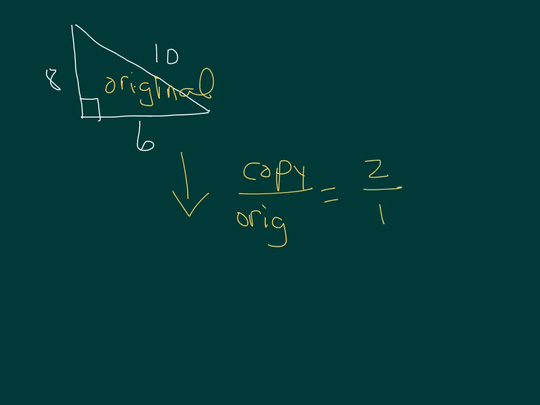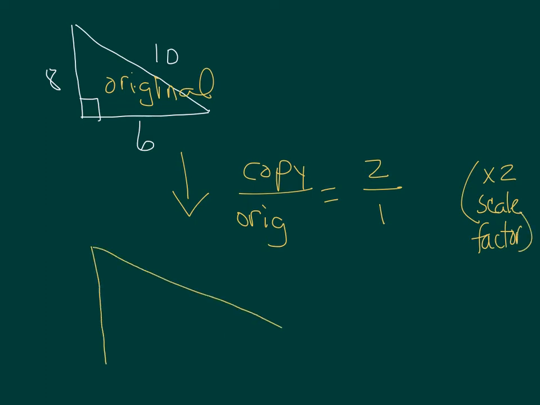That basically means my copy is 2 times bigger than my original. So that essentially means that my scale factor is 2 because I am multiplying by 2. So my new right triangle, and keep in mind this is not to scale because I don't have enough room here, is going to be 8 times 2 is 16, 10 times 2 is 20, 6 times 2 is 12.